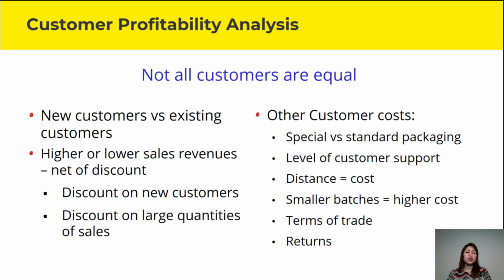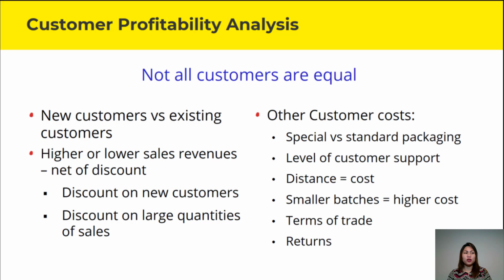Other customer costs that we need to consider can be the packaging, whether the customer requires special packaging or they're just happy with standard packaging, the level of customer support that you need to give them, and distance, how far you need to deliver the product to the hand of the customer.